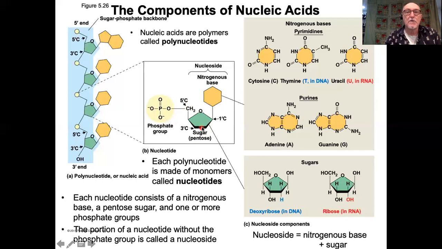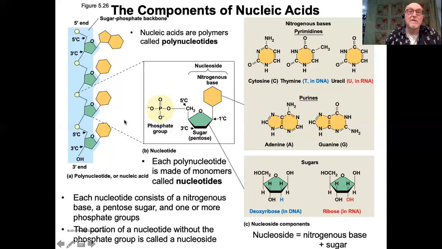Okay. Here's our nucleotide base attached to carbon 1, carbon 2 H or OH group, 3' hydroxyl, 4', 5', the phosphate group. This you must know.